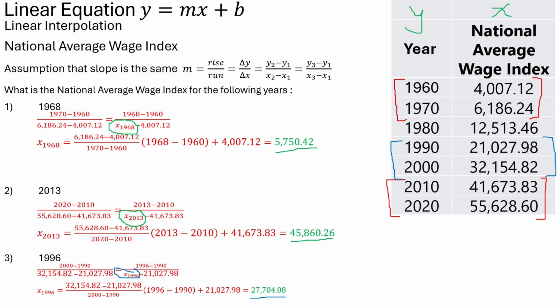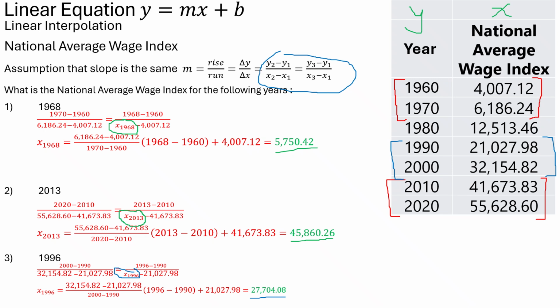So hopefully you'll get the point of linear interpolation. It's just matching the slopes using two known data points and one partially known data point for which you're trying to solve for the other component. This gets used a lot, so understanding it conceptually and then having a way to quickly solve for it, either through some computer program or your calculator, you'll find it useful.